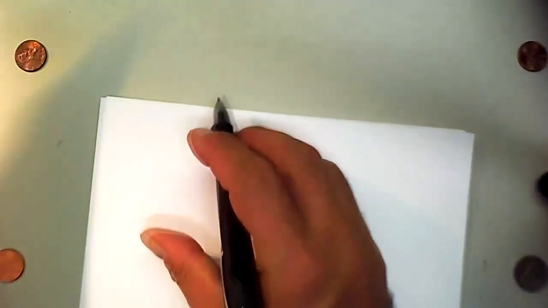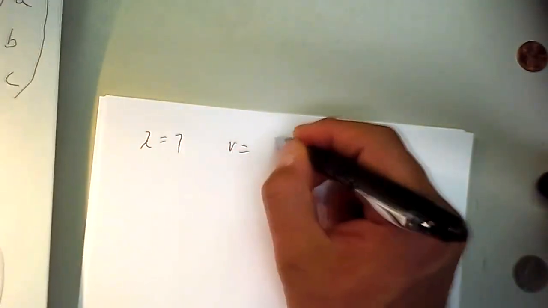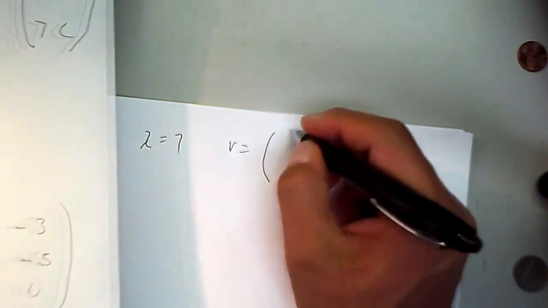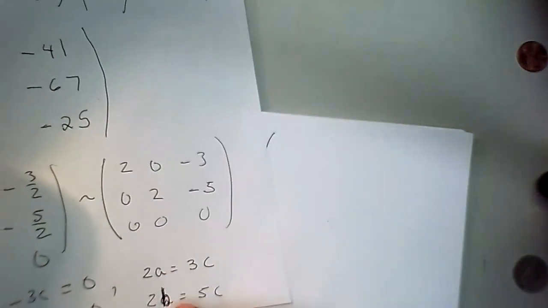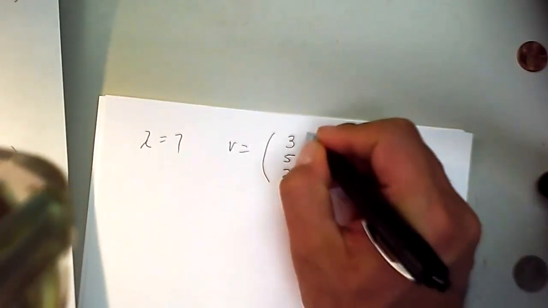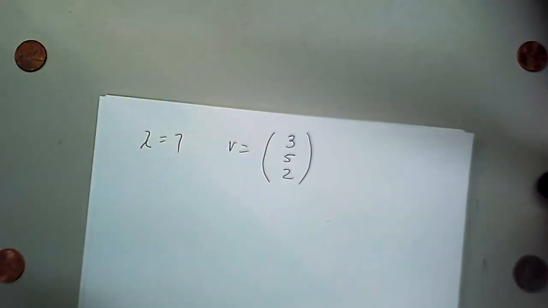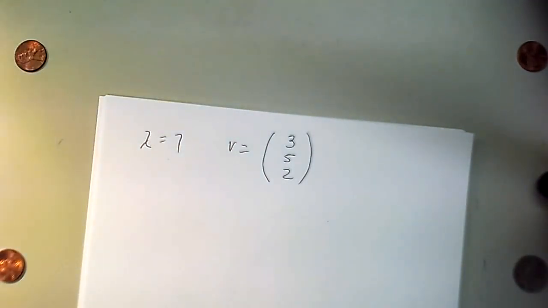Okay, so we have the eigenvalue 7 with corresponding eigenvector, now I forgot what it was, oh, 3, 5, 2. Okay, let me check with what I did. Yeah, that's what I got earlier.